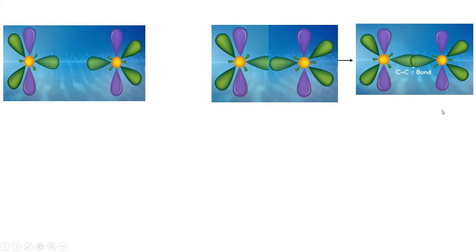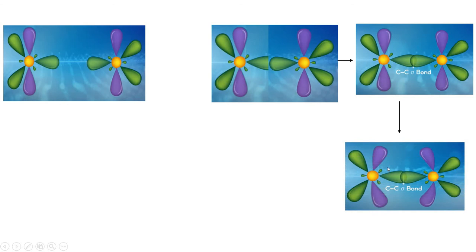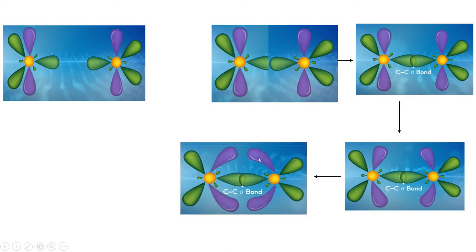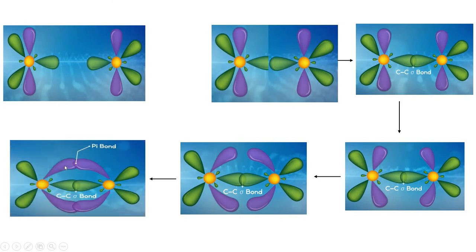Now after the formation of sigma bond, we will discuss how the pi bonds are formed simultaneously. Simultaneously, the pz orbitals are also approaching each other sideways. Sideways overlapping of the pz orbitals takes place. Pz orbitals come nearer, forming the pz pi bond.